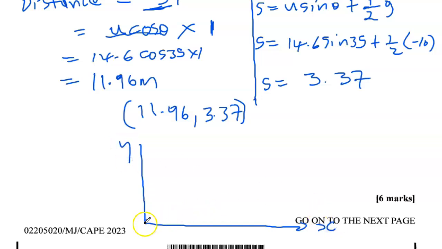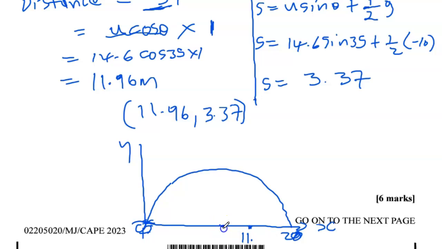The golf ball is hit, it rises up, moving in the form of a projectile. From P to Q, I've decided this will be 20. Let P be 0, 0 right here. Remember Q is at 20, so 11.96 will be somewhere past the middle.